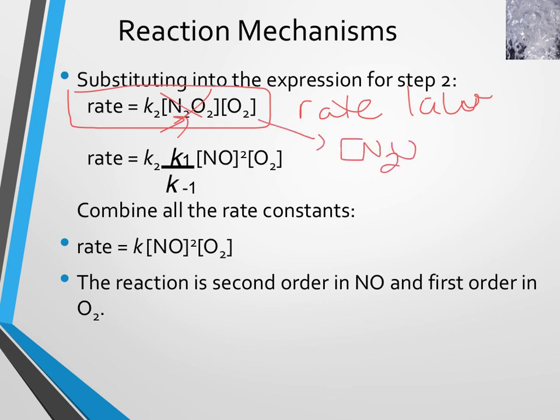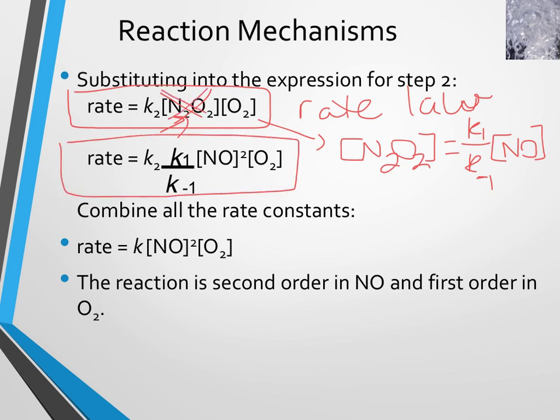And that was the concentration of N2O2 equals k1 over k minus 1 times the concentration of NO. All right, so that's where this came from. We just simply crossed out the N2O2 and plugged in its replacement.